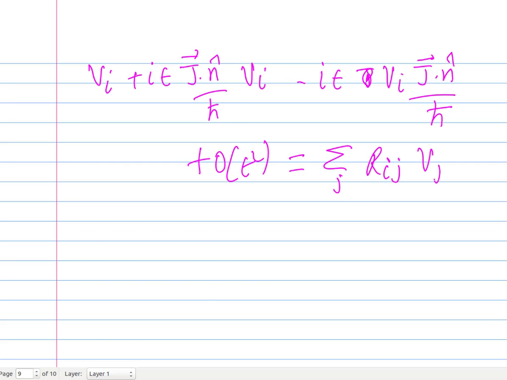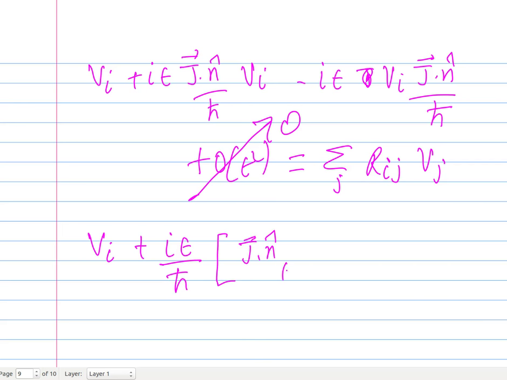Now I will take terms up to order epsilon. That will entail that the epsilon squared term is almost 0. So I will have vi plus i epsilon by h bar, J dot n cap commutation with vi, equal to the summation over j of rij vj. Or I can take the i down, and that will invert my commutation.